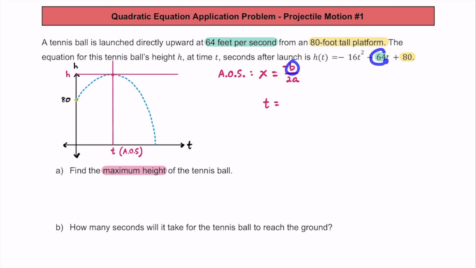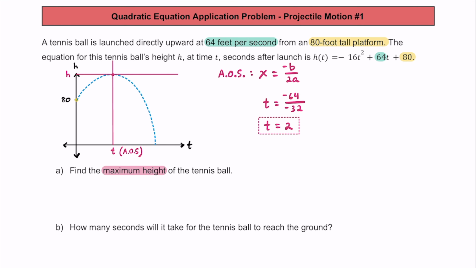Now b is equal to 64, so we have negative 64 as our numerator, and in the denominator we have 2 times a. Now a is equal to negative 16, so 2 times negative 16 is negative 32. Simplifying, negative 64 divided by negative 32 is positive 2.